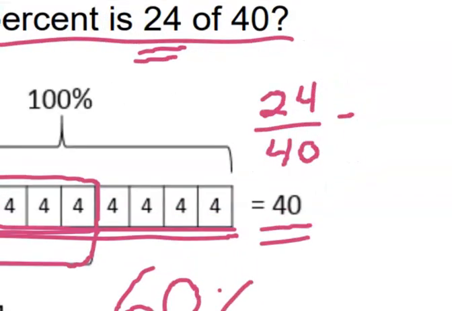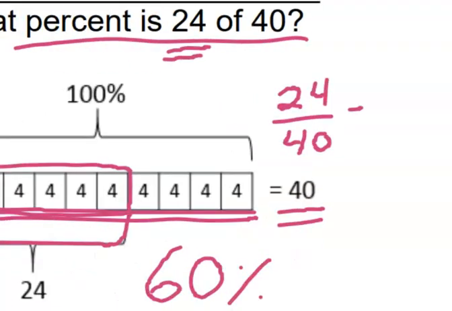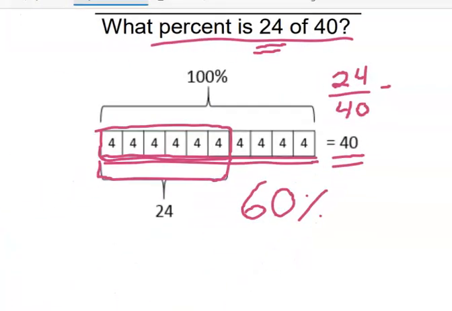And if you get 0.6, all you do to get the percent is multiply it by 100. So it's 24 divided by 40 equals 0.6. All you have to do to find the percent is just move the decimal over 2 places and put a percent sign. So that would end up being 60% as well. And we'll be getting more and more into percents in the future. So that is the answer for that one.